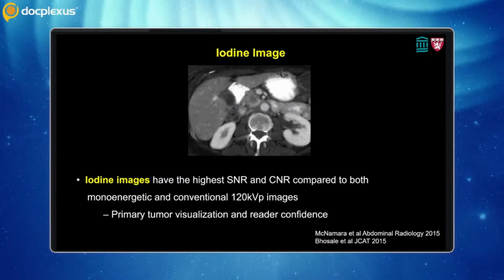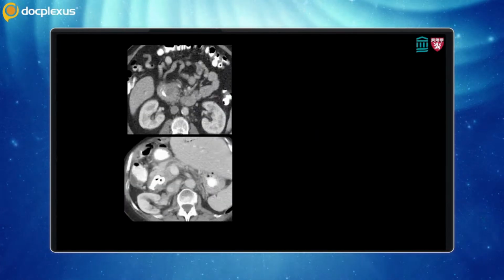Another conundrum commonly encountered in patients with pancreatic cancer is they often present from outside with stents in place, either a plastic biliary stent or a metallic stent, and the artifacts can sometimes make it hard to visualize lesions adjacent to the stents.